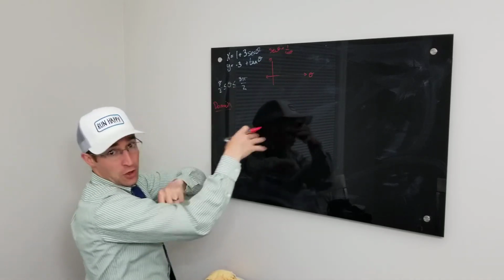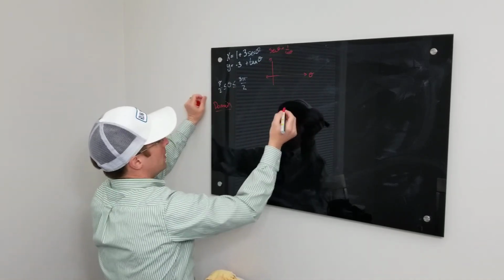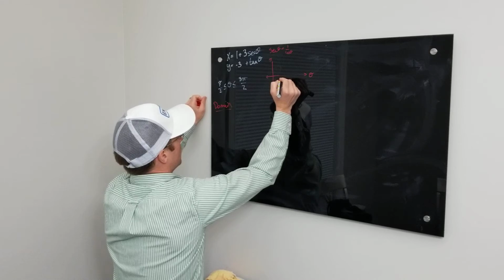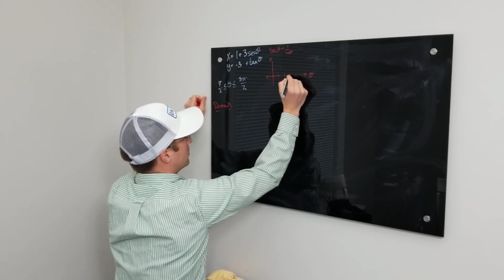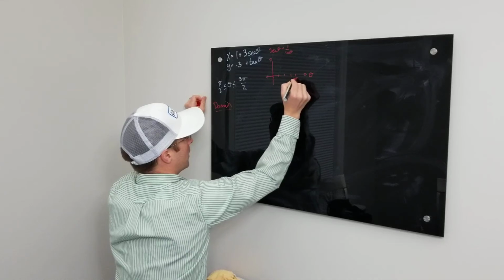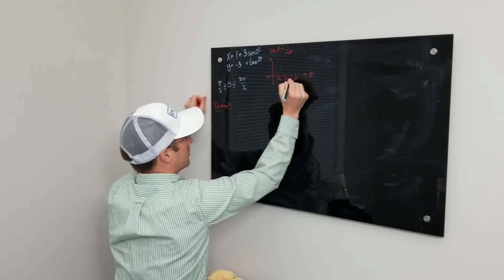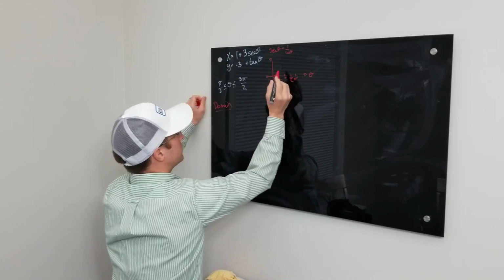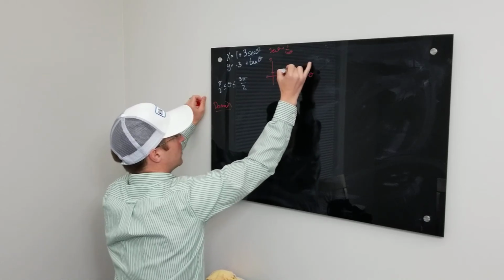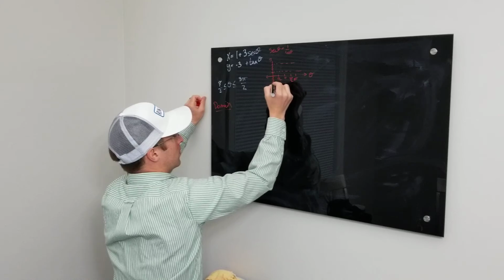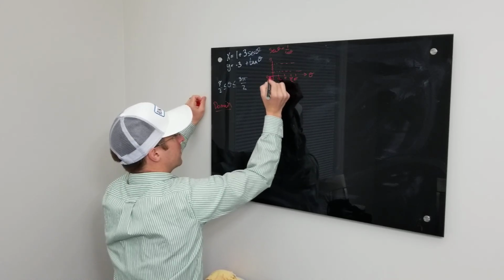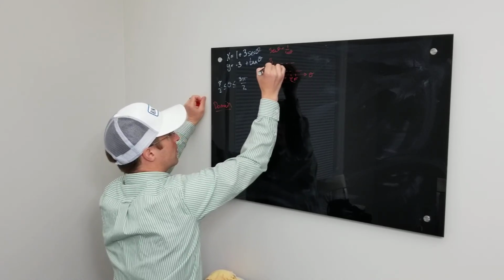So the outputs here are my x numbers. Okay, so 0, pi over 2, pi, 3 pi over 2, 2 pi. We got a midline of 1, and going 1, 2, 3 up and down, this is negative 2, and this is at 4.